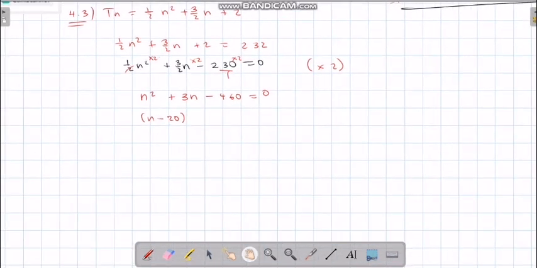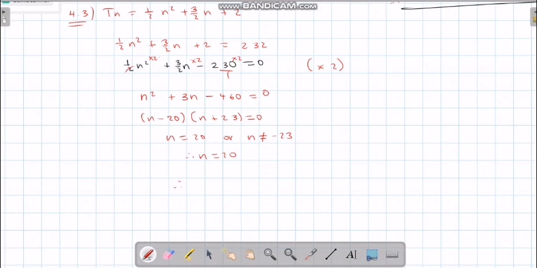Okay, let's change the sign. The other one is negative 23, so it was n plus 23. Therefore our n is 20, or our n is negative 23. What did you say about n? n cannot be negative. Therefore our n is 20.